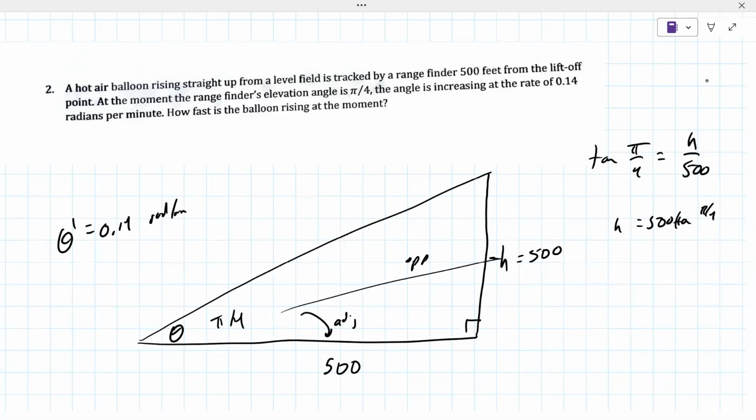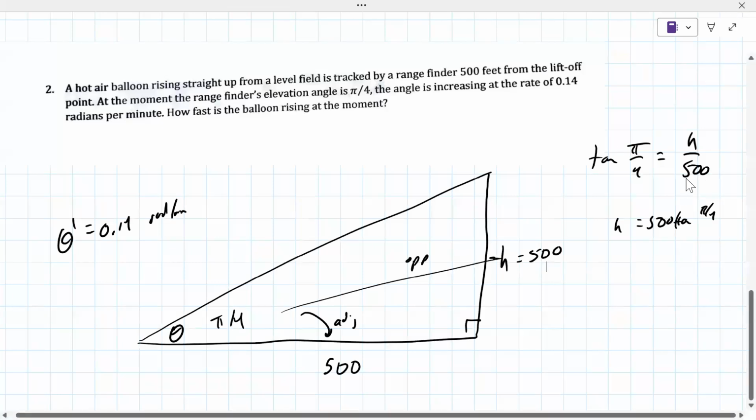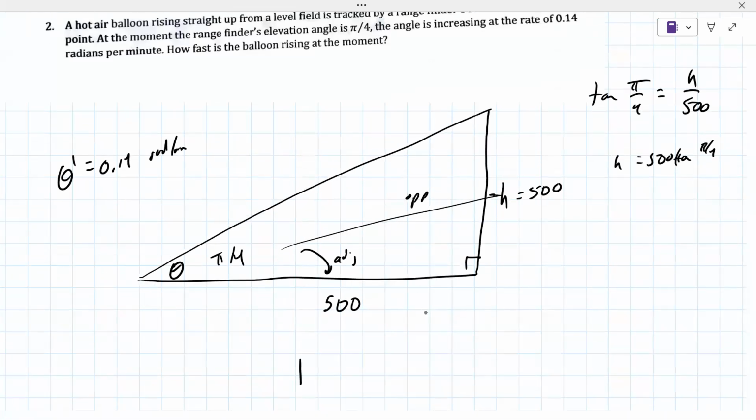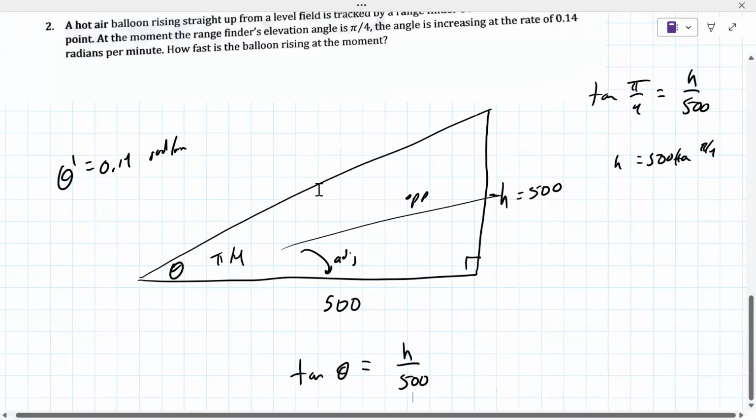So the next thing is figure out how fast the angle is increasing. So you're still using this relationship. You're going to write tangent of theta equals H over 500. But this time you have to take a derivative.